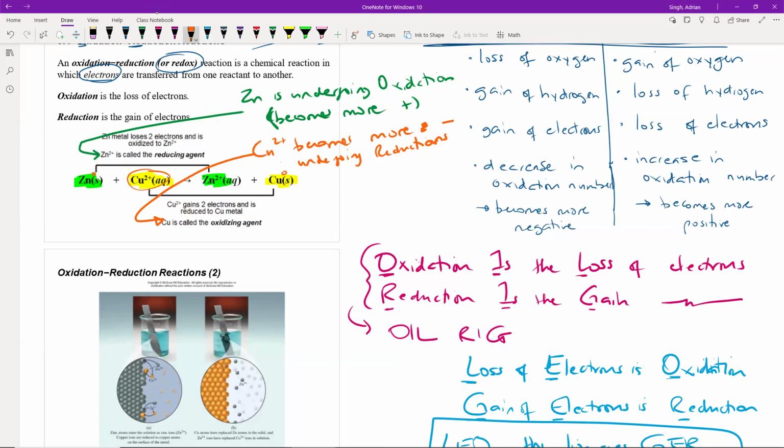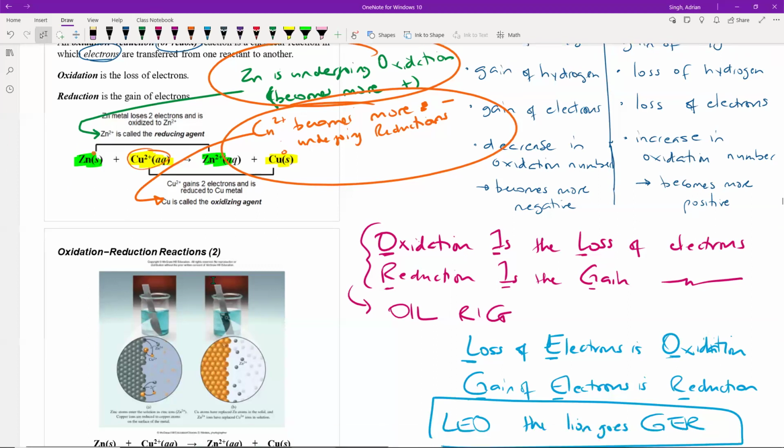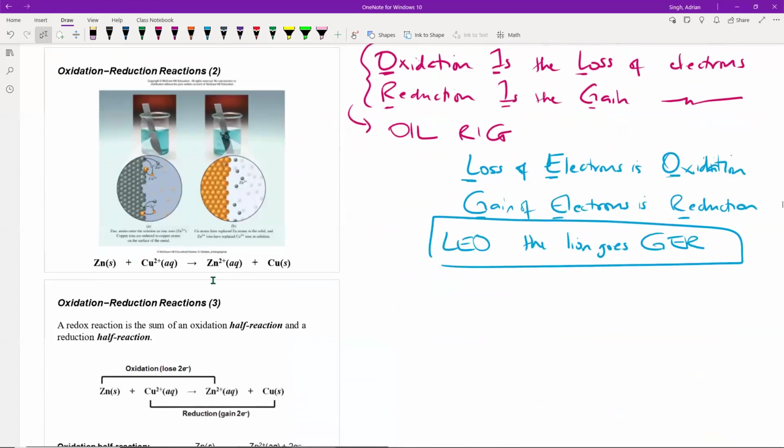To avoid that confusion, you need to slow down and identify, first of all, what is undergoing oxidation and what's undergoing reduction. Whatever is undergoing oxidation is a reducing agent, the agent of reduction, in other words, the thing that is reducing something else. And whatever is undergoing reduction is the oxidizing agent. It's the thing that is oxidizing the other thing that is present in that solution.